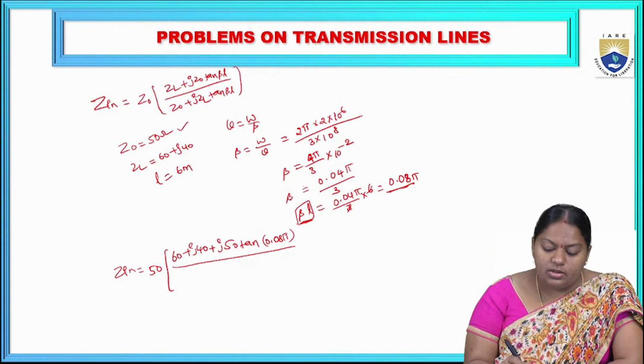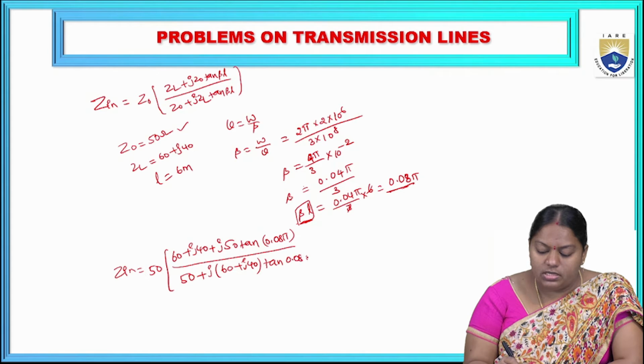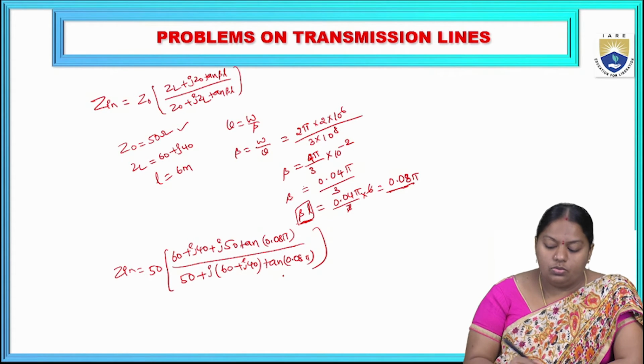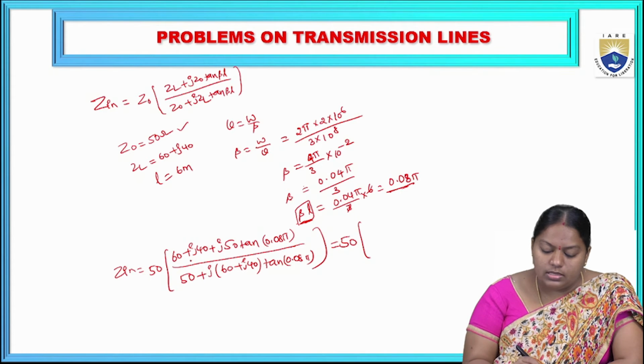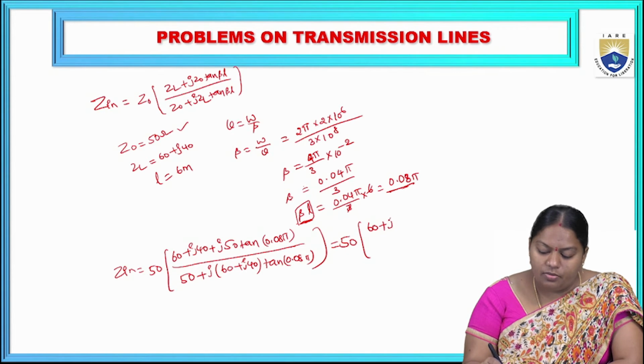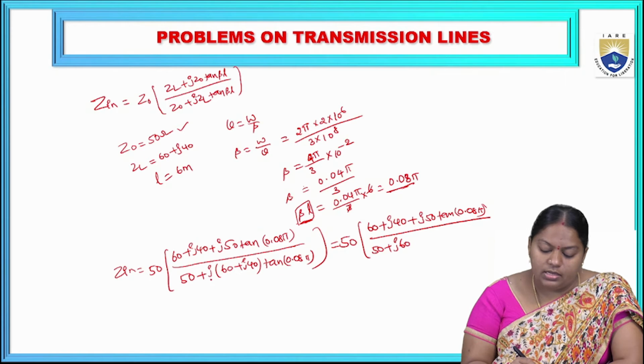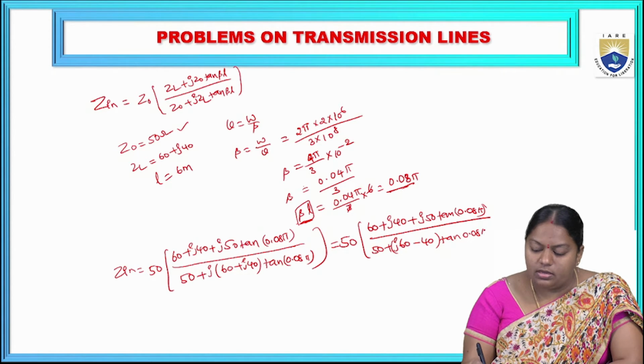Divided by Z0, which is 50, plus jZL, that is j into 60 plus j40 into tan 0.08 pi. This equals 50 into 60 plus j40 plus j50 tan 0.08 pi, divided by 50 plus j60 and j into j becomes minus, 40 total into tan 0.08 pi.